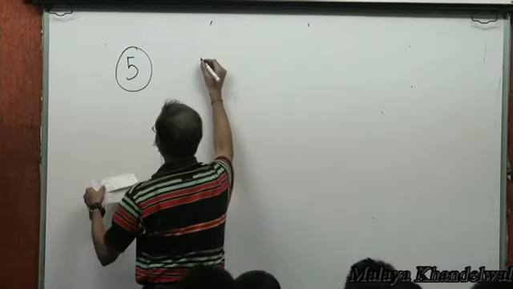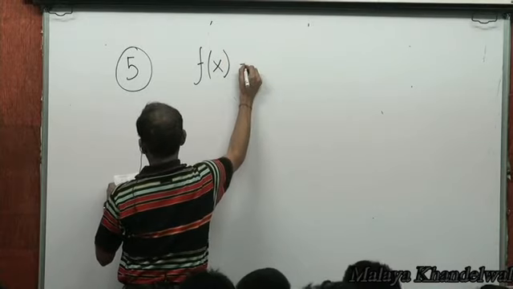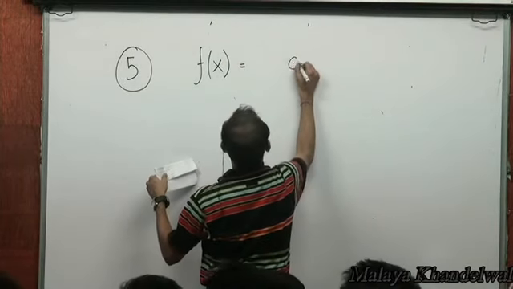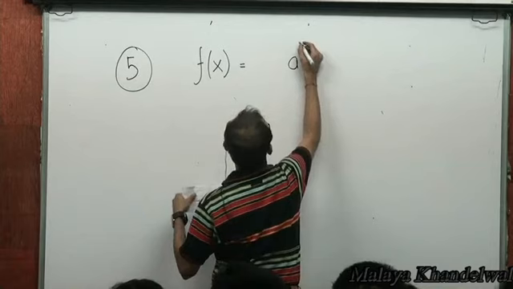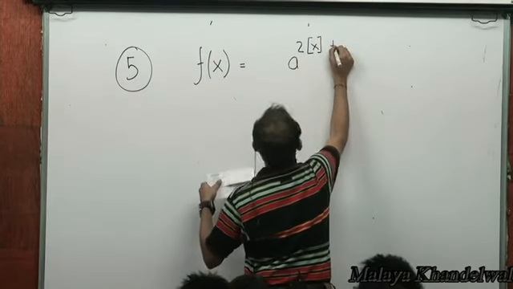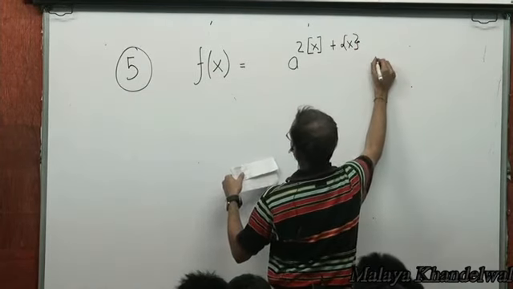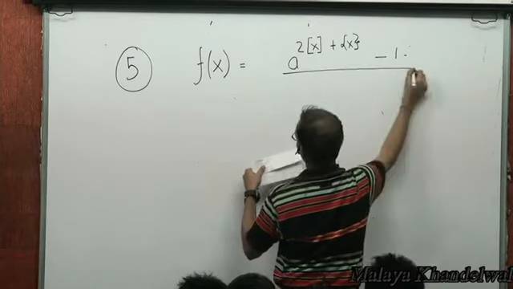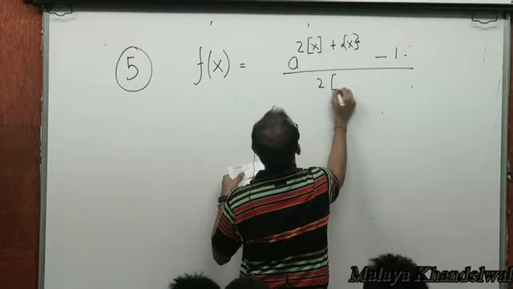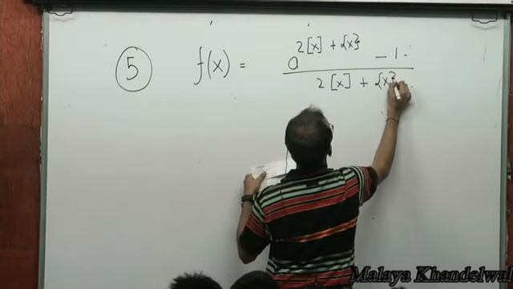Okay, here we have this function f(x) equal to a to the power of 2 times floor x plus fractional part of x minus 1, divided by 2 times floor x plus fractional part of x.